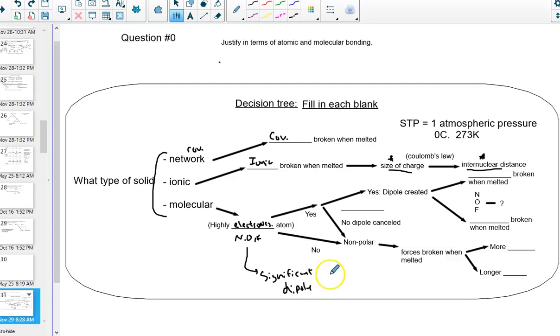But this is going to open me up to things like dipoles that are going to be giving me a significant dipole, and hydrogen bonding, if that's how you want to look at it. But again, anything here, do we have a dipole moment created? A significant dipole.